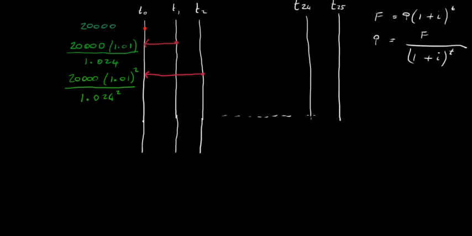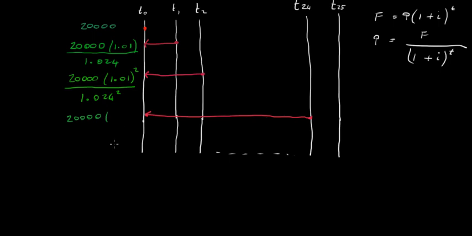Now we'll have a look at 24 and 25. So just get rid of these. Let's have a look at 24. So again, we'll bring it back to the present value. What have we got? We've got 20,000 euros anyway.